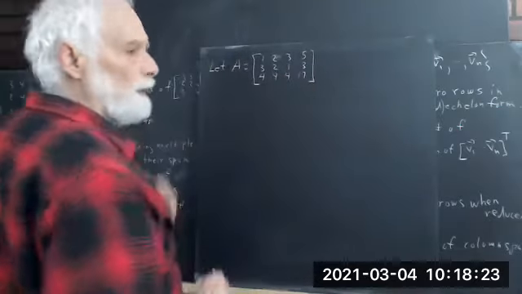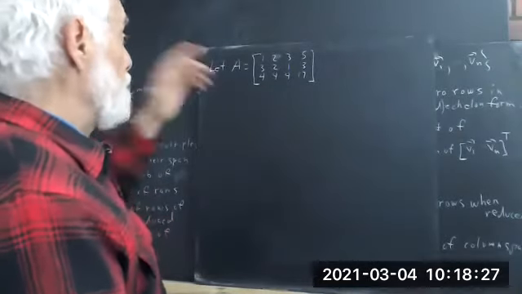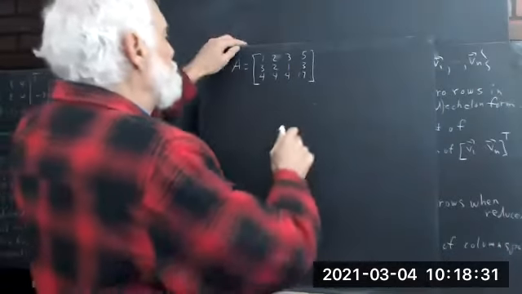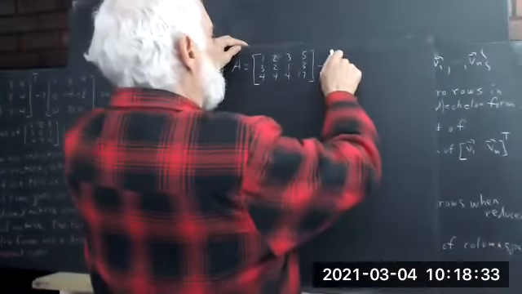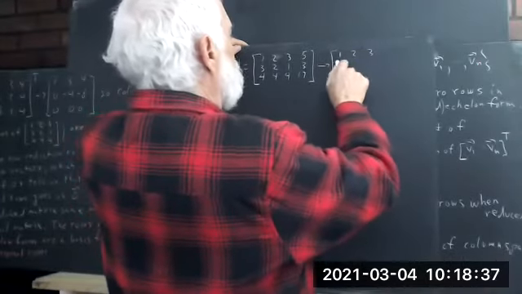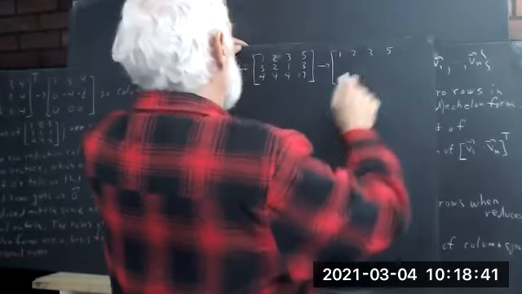And any numbers I want to put here. Okay, so here's our matrix. Well, this matrix reduces, as we've seen, at least to 1, 2, 3. And we could put the 5 here.